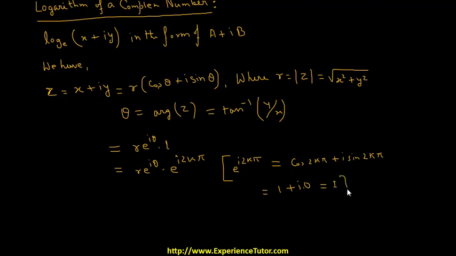Therefore, instead of 1, we can write e to the power i 2k pi.